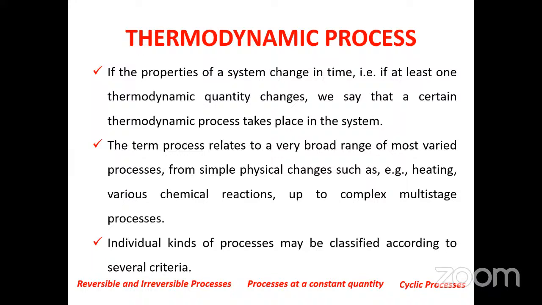Like I introduced these reversible and irreversible processes to you earlier. If the properties of a system change in time, at least one thermodynamic quantity changes. We say that a certain thermodynamic process takes place in the system.